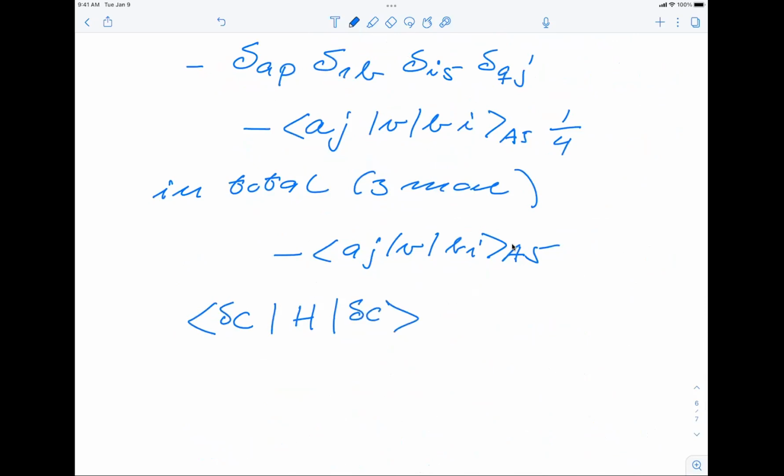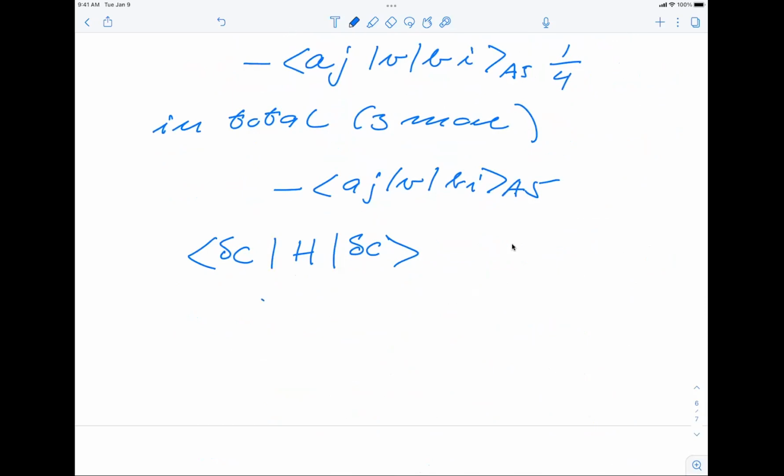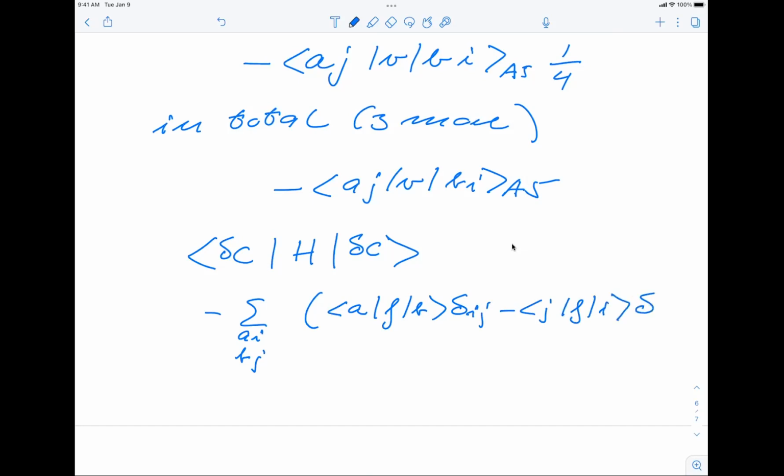When we put everything up here, we are going to have a sum over A, I, J. It's going to be a minus. And this is going to contain now these different terms where we have the single particle pieces. So we're going to have ⟨A|h|B⟩ times δ_IJ minus ⟨J|f|I⟩ δ_AB.